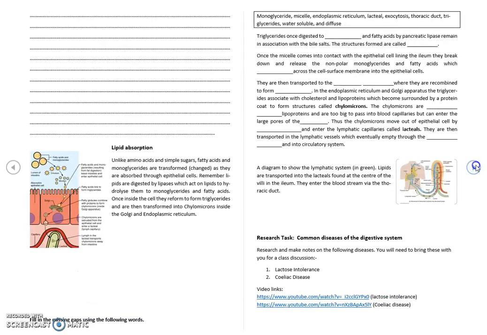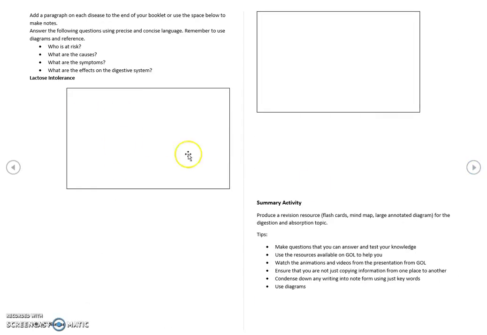I'd like to draw your attention to one of the last activities in the student booklet. If I flick through here now, you've got to fill these boxes in, but this summary activity is important. I mentioned it at the beginning of the video. Once you've done all of this and you've read the textbook and watched some of the videos, you need to produce this revision resource, and your teachers will be expecting you to show them what you have done.